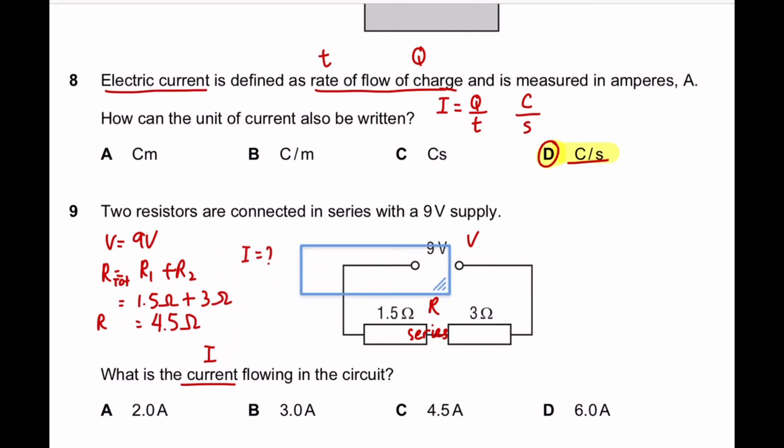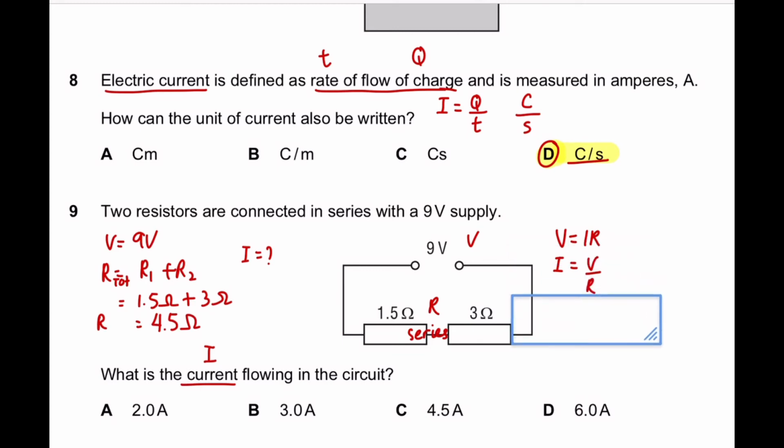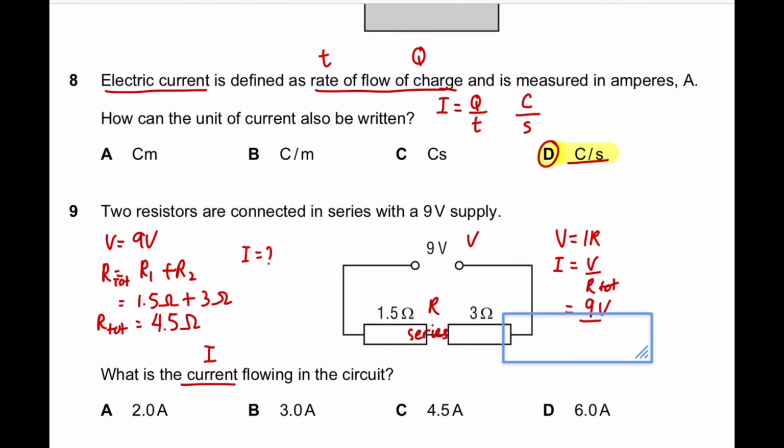We can then use the formula V equals IR to figure out what I is. So make I the subject and you get V divided by R, where V is 9 in this case, and for R we're going to use the total resistance now, which is 4.5 ohms.